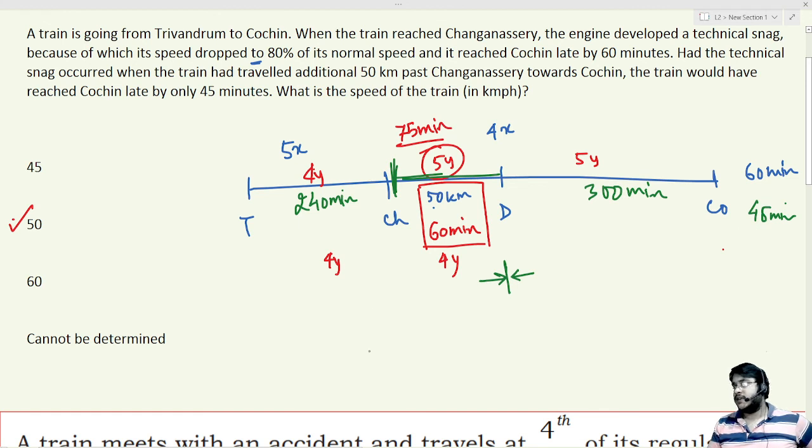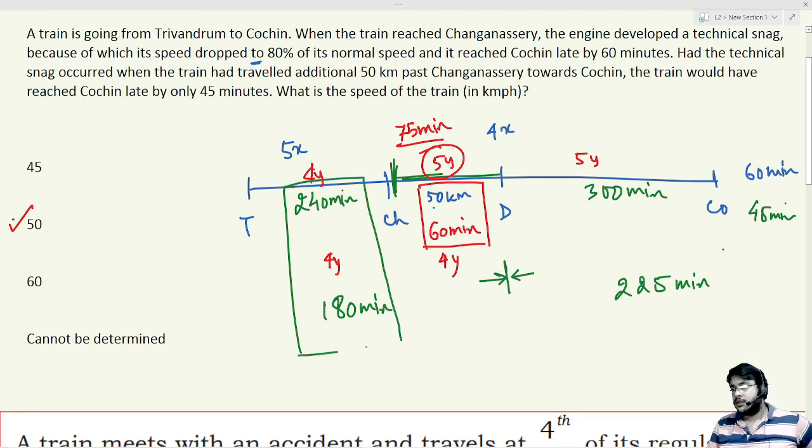4 into 45, that is 160, and 20, that is 180 minutes. And how much is more? 45 more. 45 more is 225 minutes. Okay, 225 minutes. So basically what they have asked you is the regular speed.